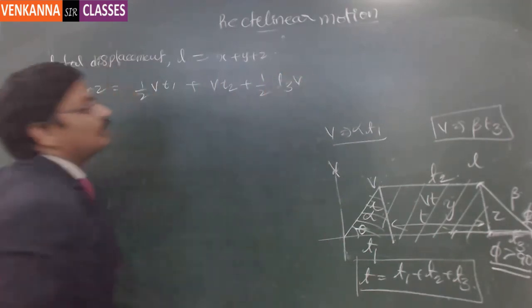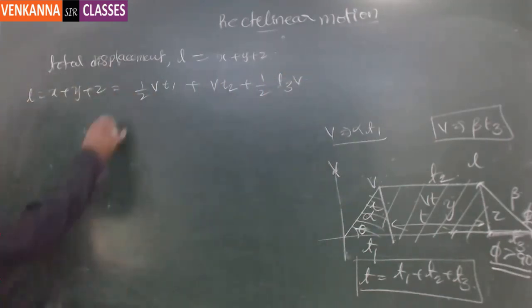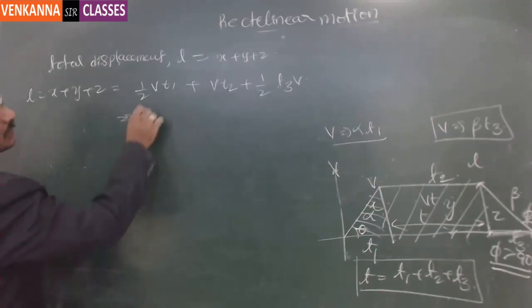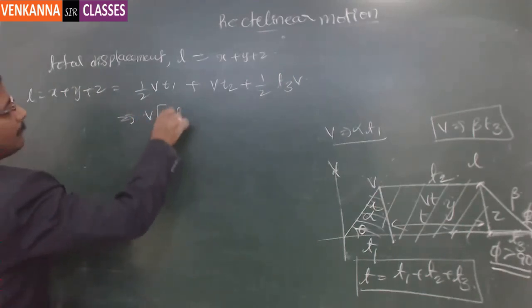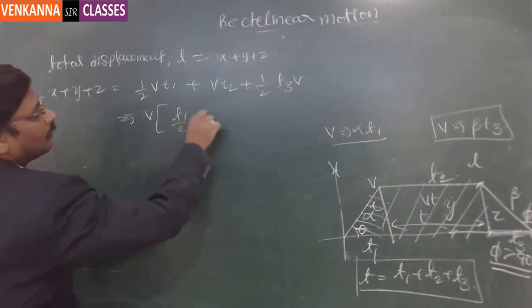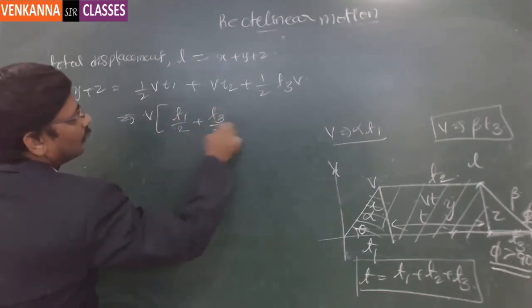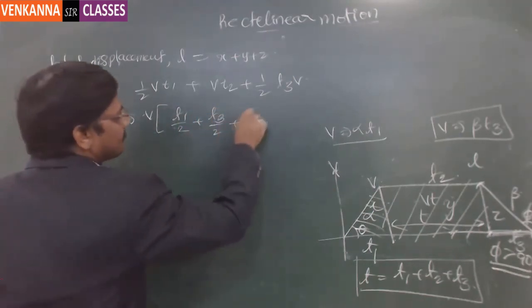So this is the total displacement traveled. Now if you take out v, then t1 by 2 plus t3 by 2 plus t2.